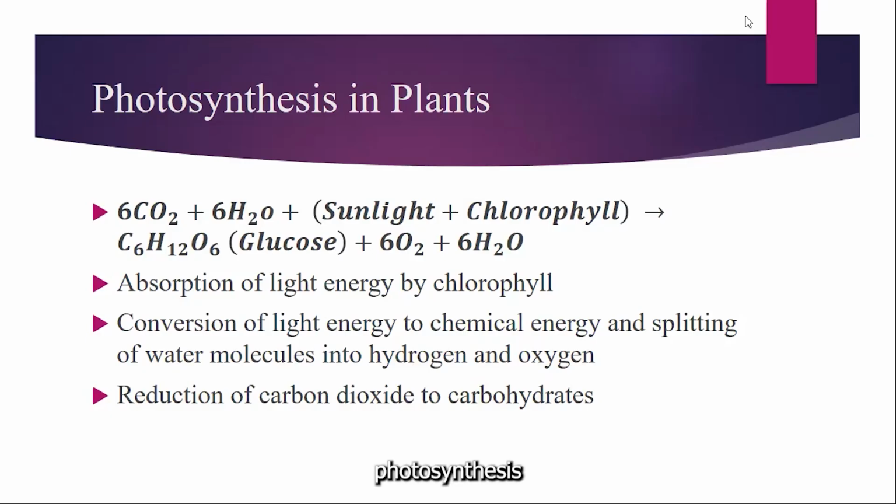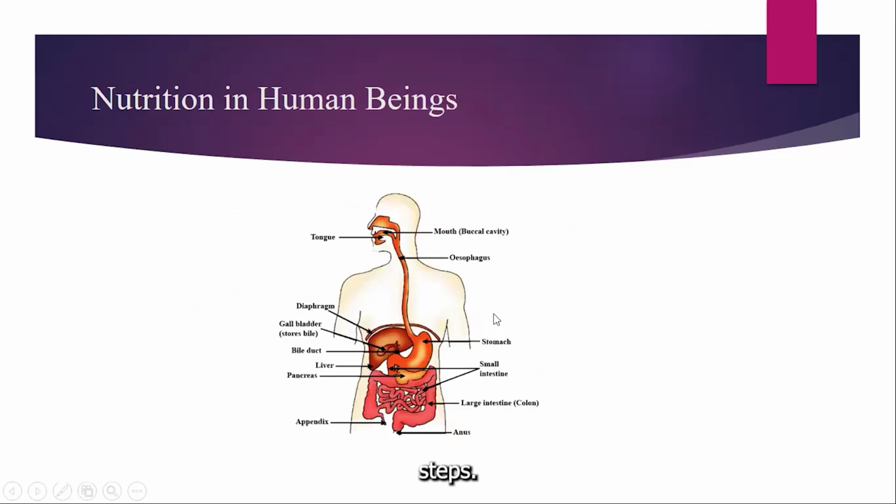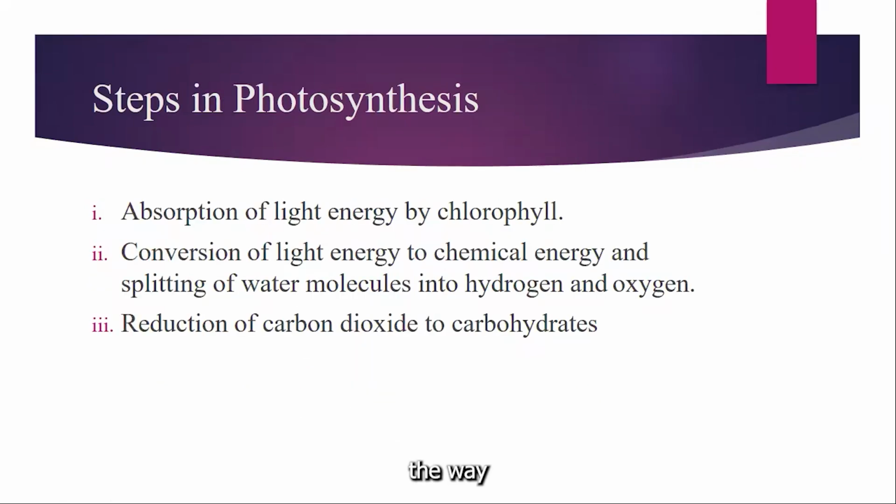So photosynthesis takes place through three steps. Now let's discuss the various steps in photosynthesis. First is the absorption of light energy by the chlorophyll, light energy in the form of sunlight. Next is the conversion of light energy to chemical energy and the splitting of water molecules into hydrogen and oxygen.